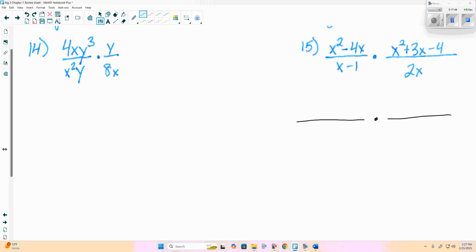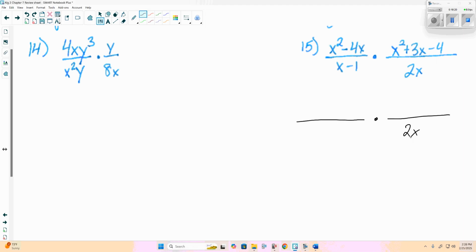Now, 15 does have an individual 2x term, that's fine. But all 4 spots aren't going to be just a single term like in 14. And the first thing we need to do with multiplication problems is factor all 4 spots down as far as we can possibly go.